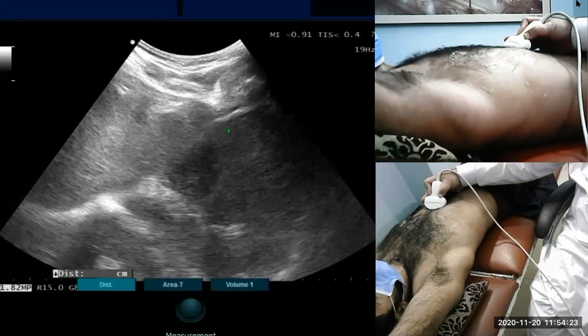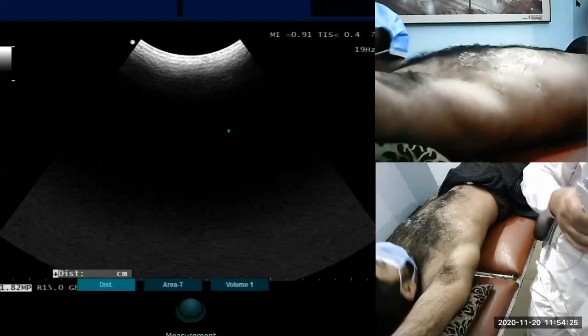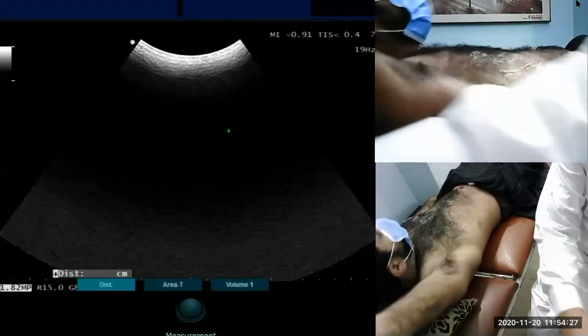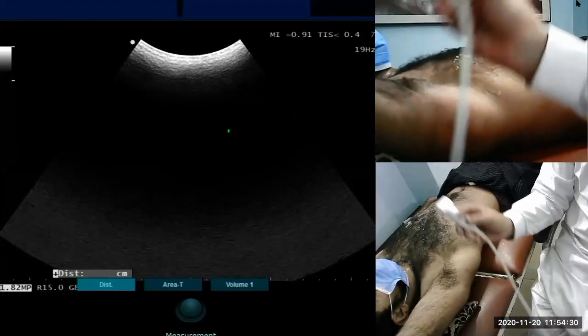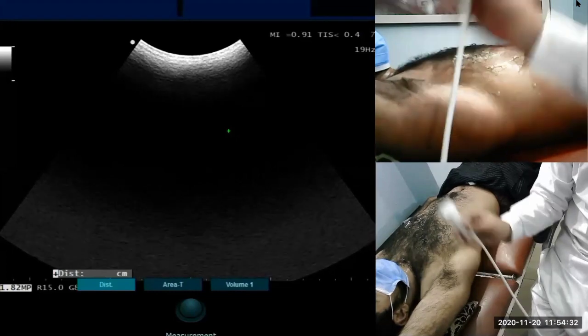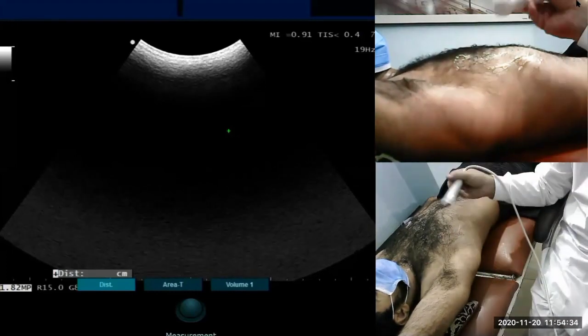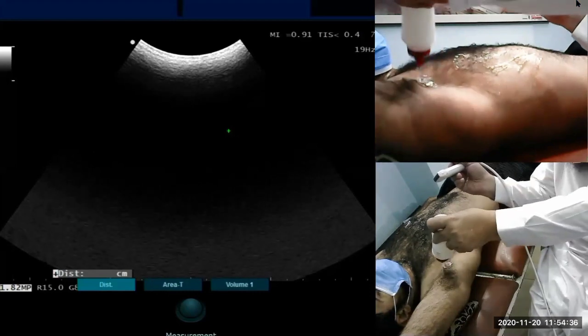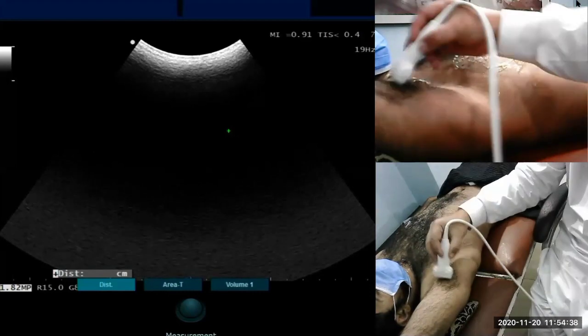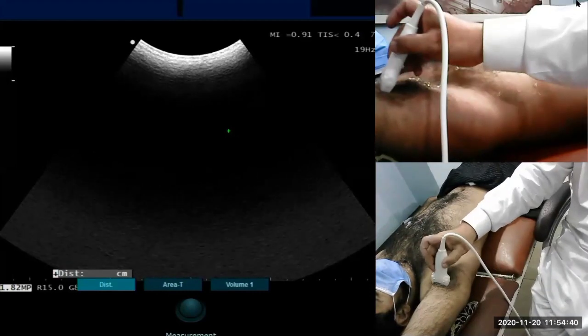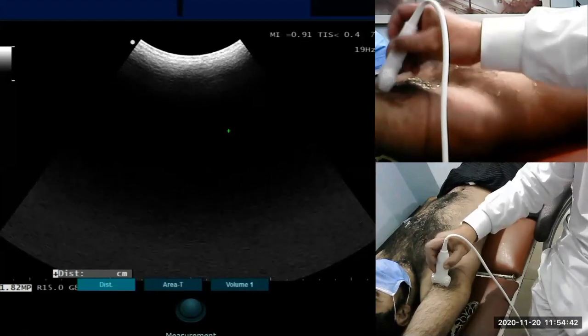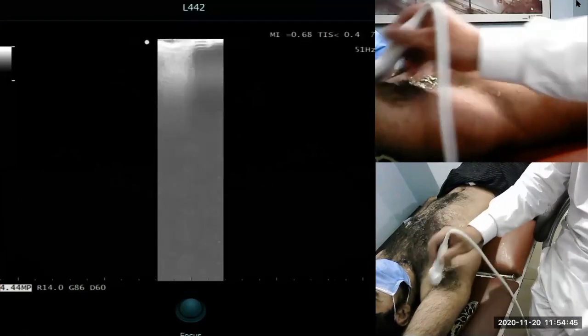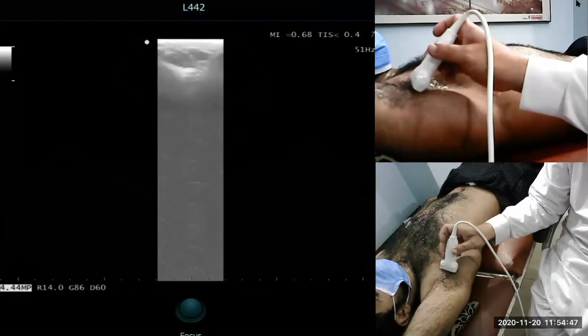All right, my dear. Before we go to the abdomen, we will see the axillae, both axillae. I'm doing it only on the right side because of the time, little time left.